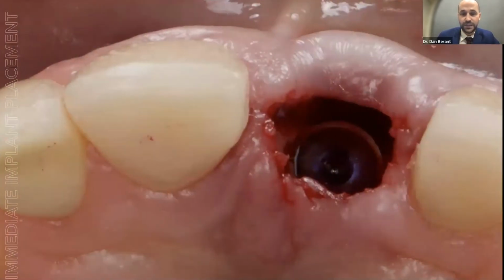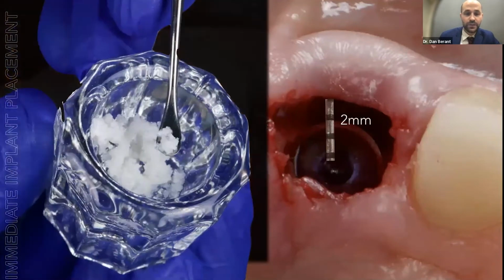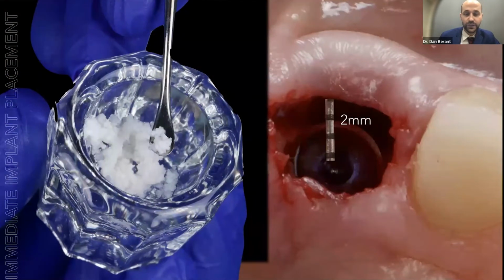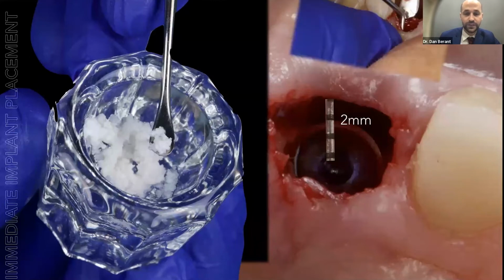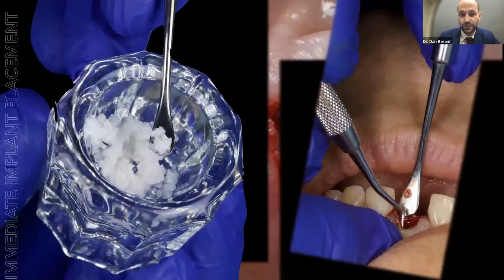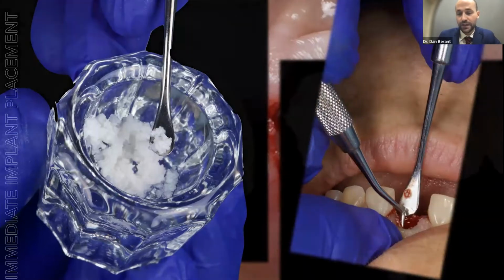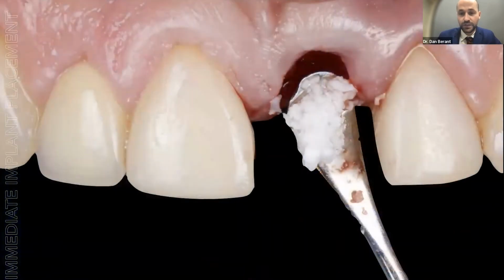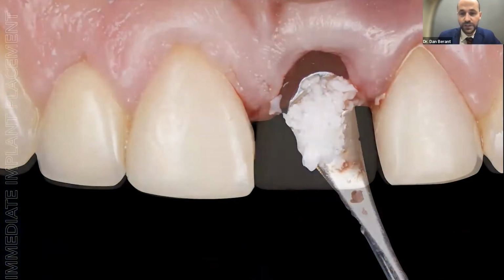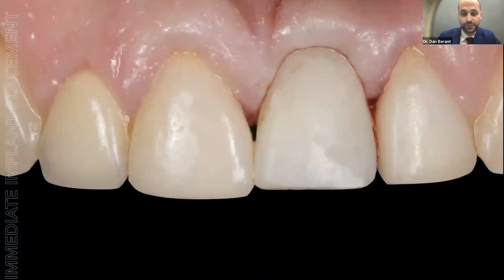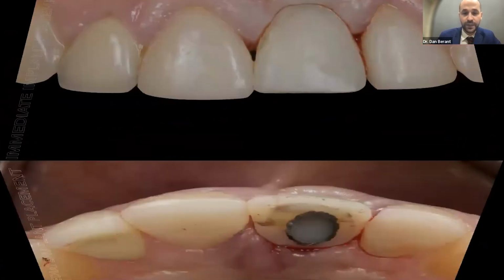So here we can see the gap of approximately 2 millimeters that we then use to fill with bone graft. In this particular case, we used bovine bone because we want it to stay there. And here you can see the photo of us placing it and then the temporary crown in place.